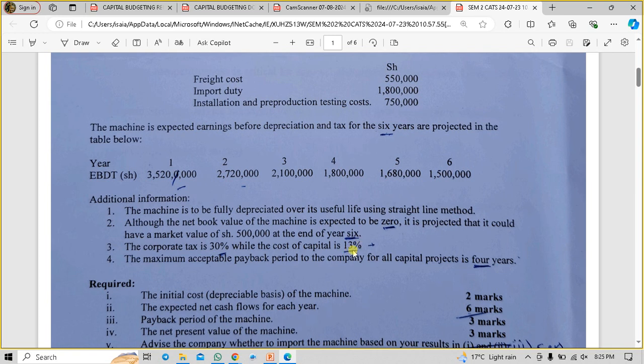13% we are using it in net present value when you're calculating the net present value of the machine. So let me share my workings. So this question can be easy if you revise it well.